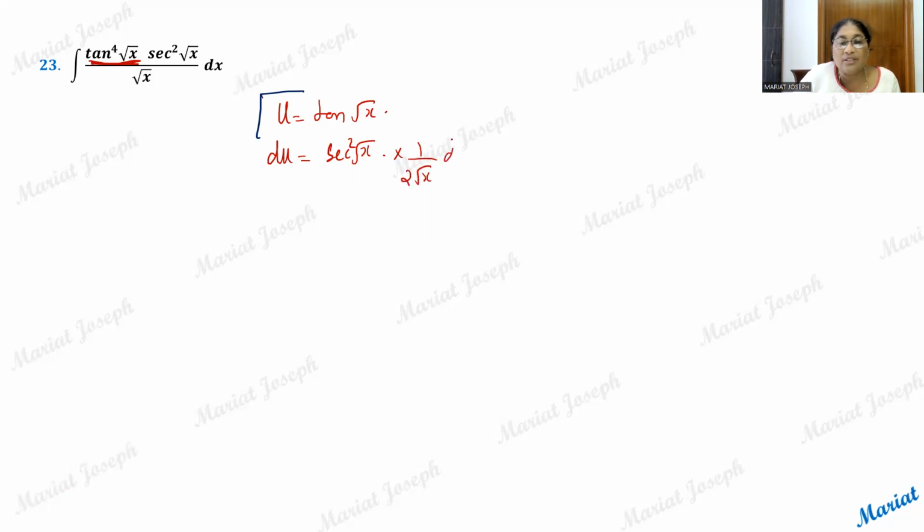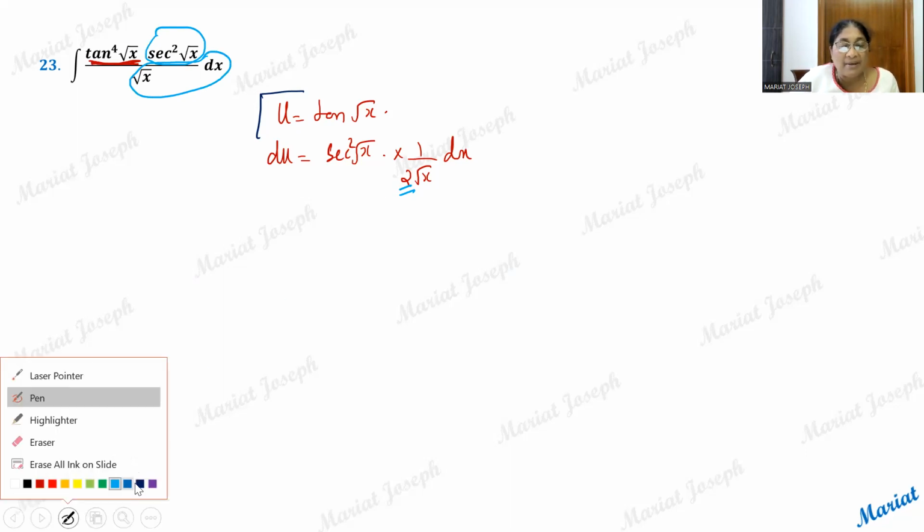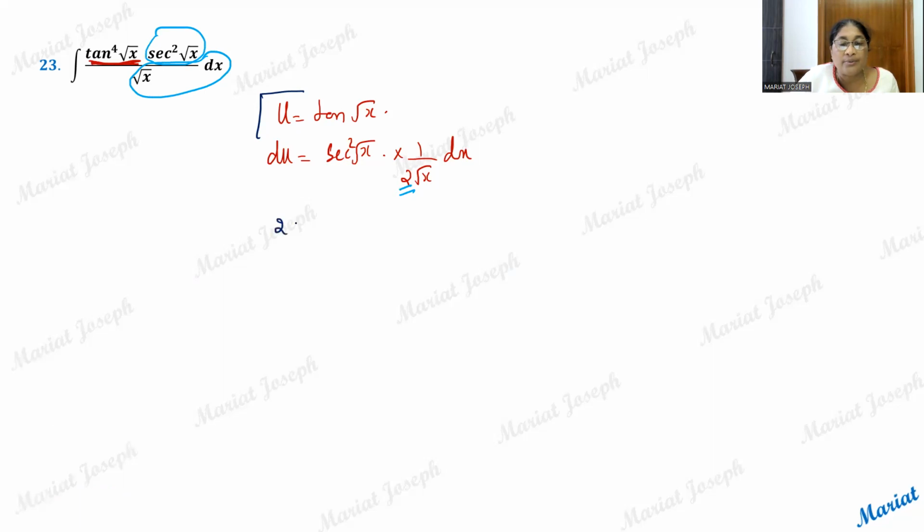Very good. Now what happens? Look in the question. The only extra thing is this 2. Rest everything is there. Sec square root x is there, 1 upon root x is there, dx is there. The 2 is missing. So what do we do? Cross multiply that 2. 2 du is equal to sec square root x upon root x into dx.